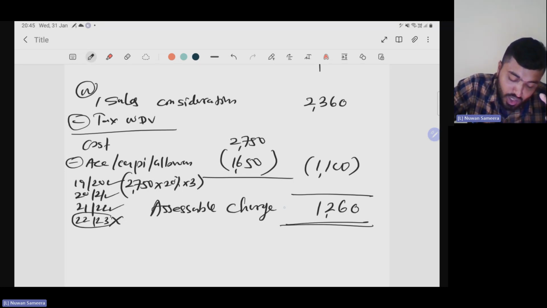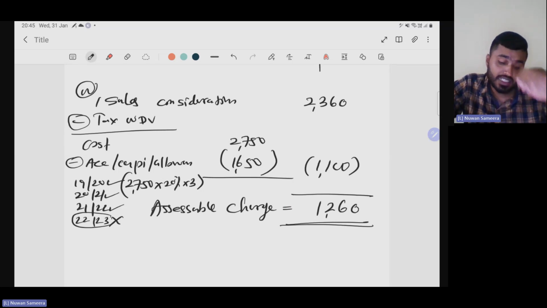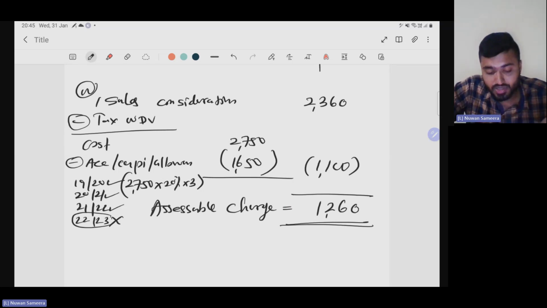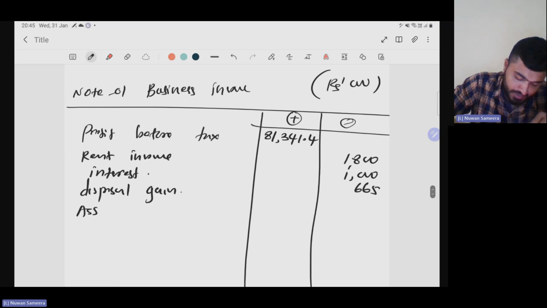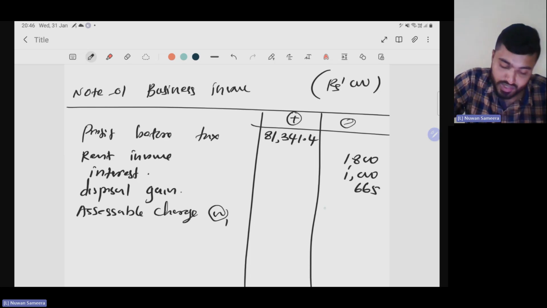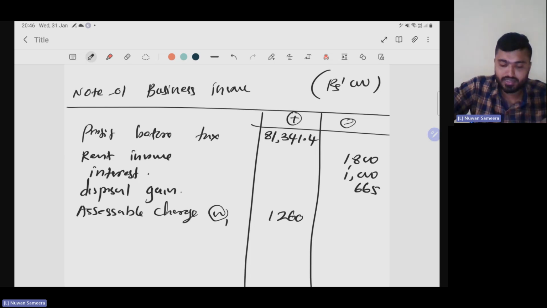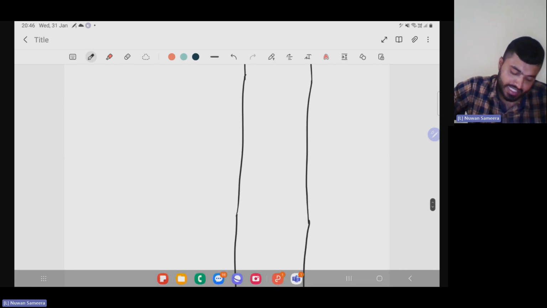If there is a loss, there is a balancing allowance. If this is a gain, you have to add it here as assessable charge, working one. So 1,260 you have to add to the profit. Right. Now we can complete that part.